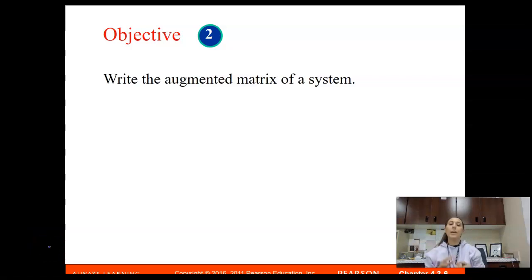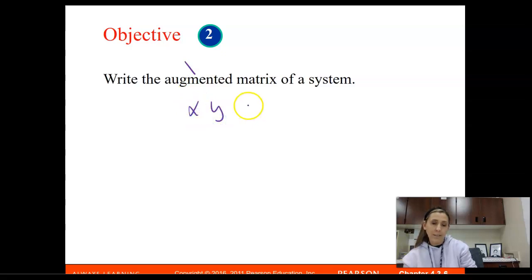Okay, functions, we started doing row echelon to solve matrices by hand. So in the past, we have done just a regular matrix where we would have something like x, y equals a constant, and x, y equals a constant.